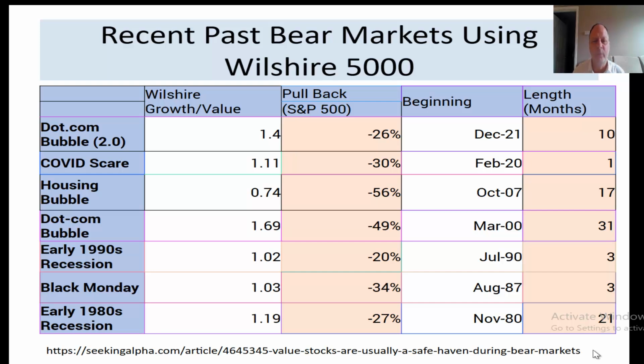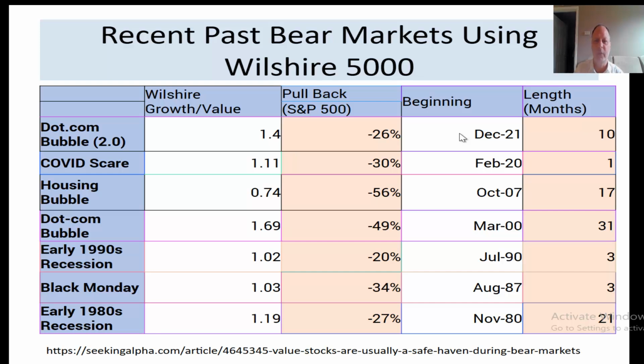This is a table from one of my articles on Seeking Alpha. It is a list of past bear markets since 1980 using the Wilshire 5000. The most recent bear I've called dot-com bubble 2.0, and it involved a pullback of 26% over 10 months starting in December of 2021.